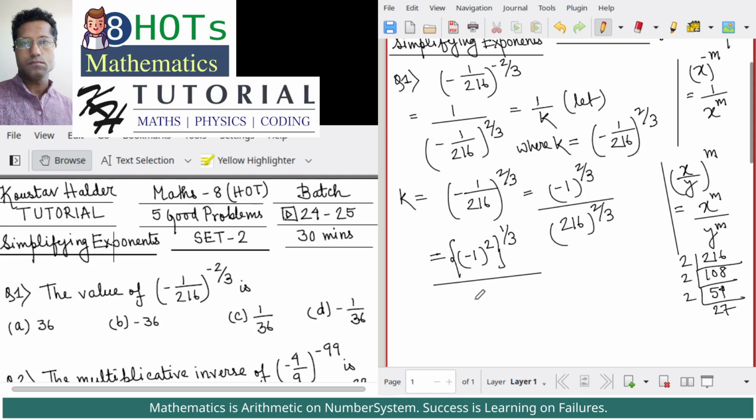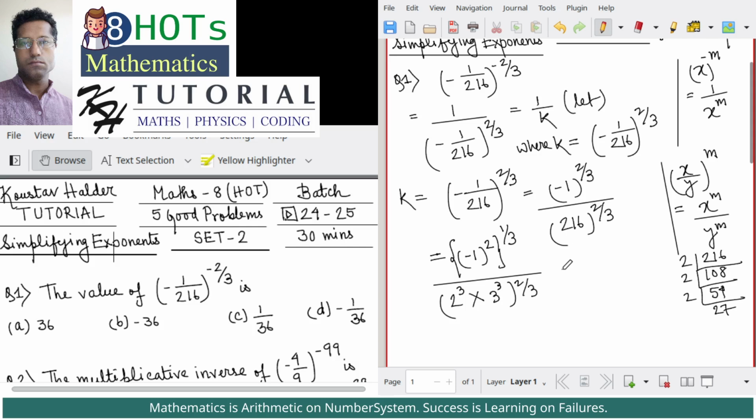Okay, so now 216, with a little bit of factorization, I can see it will be 2 cube multiplied by 27. 27 can be written as 3 cube. So this whole raised to the power 2/3.